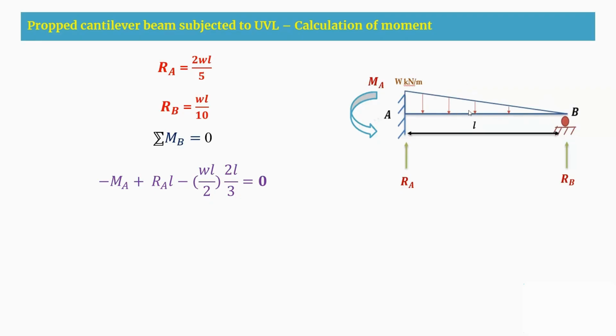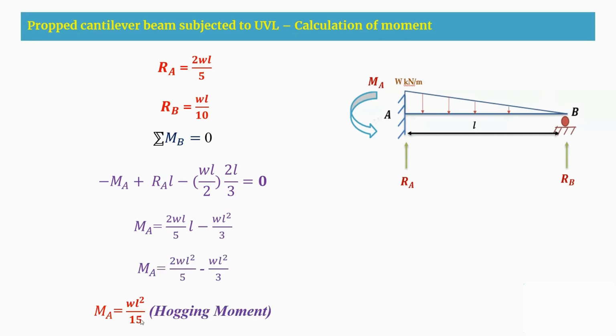The external load here is the total area of this triangle, that is half into W into L, and the CG distance about this B point will be equal to 2L by 3. By substituting the RA value and simplifying the above equation, we are getting MA as WL square by 15.